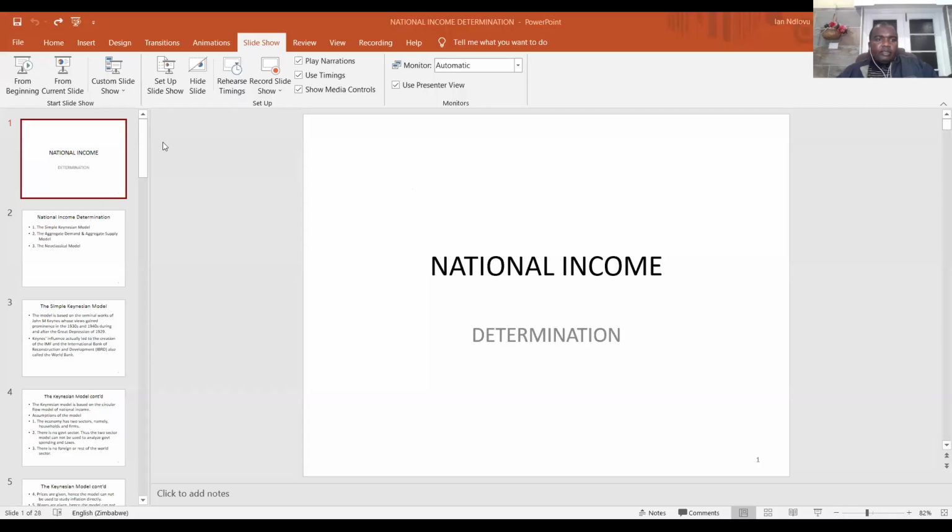You realize that the simple Keynesian model is one of the basic models that is used in macroeconomics to explain how national income is determined.